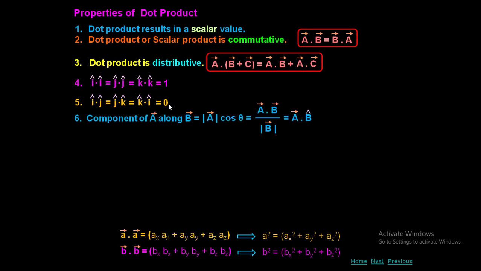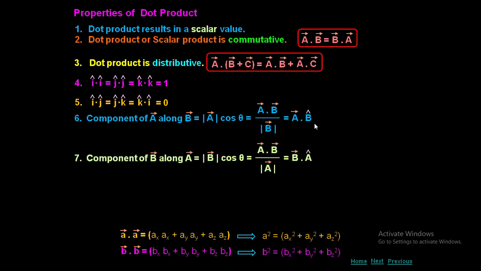Component of a bar along b bar. I already introduced this. If you take the component of a bar along b bar, that is modulus of a bar cos theta, which is equal to a bar dot b bar by modulus of b bar, which is equal to a bar dot b cap. That means the vector a bar is along b bar direction.